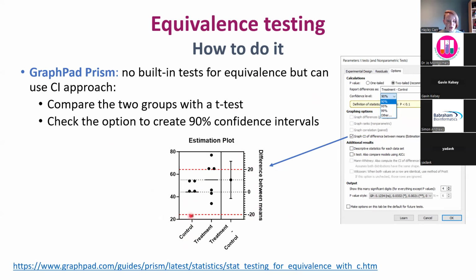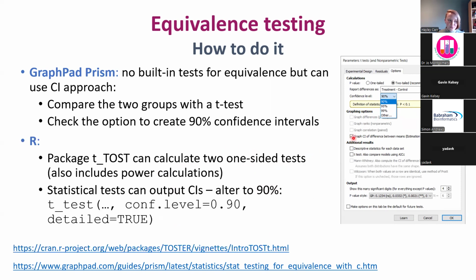And then you can add on red lines, as I've done here, for your equivalence boundaries. So I've decided on 20 and minus 20 on this. And then you can see your confidence intervals and show that it overlaps these boundaries as we were looking at before. So I think that's quite a nice option for that.